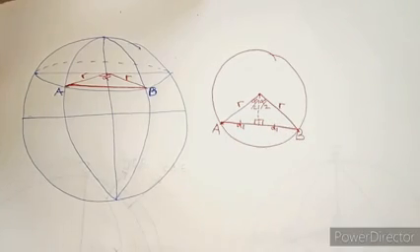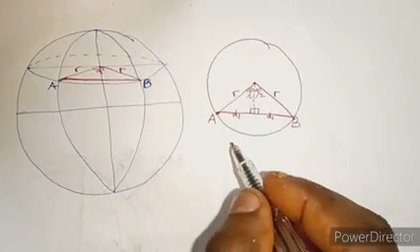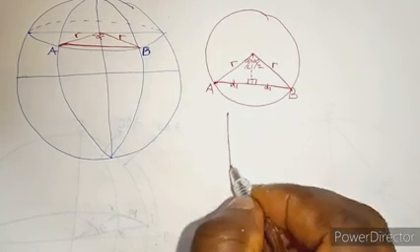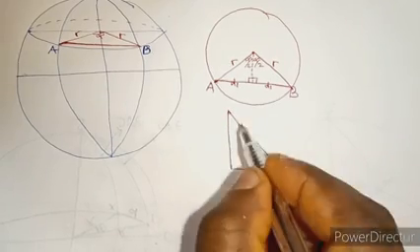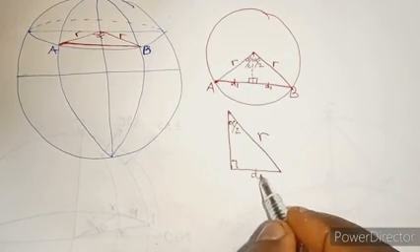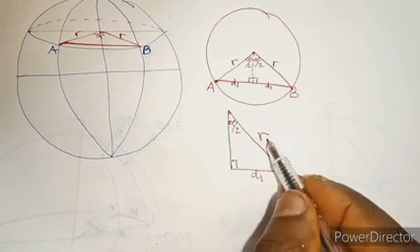Let's get to it. Looking at this triangle, I want to bring the triangle out for you to see. This is alpha over 2, this is r, this is the 90 degrees, this is D1. So this is opposite over hypotenuse, and that is sine.